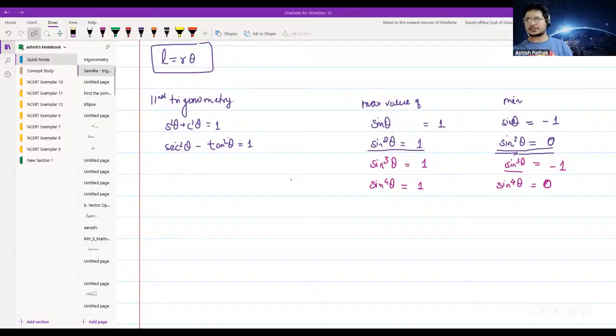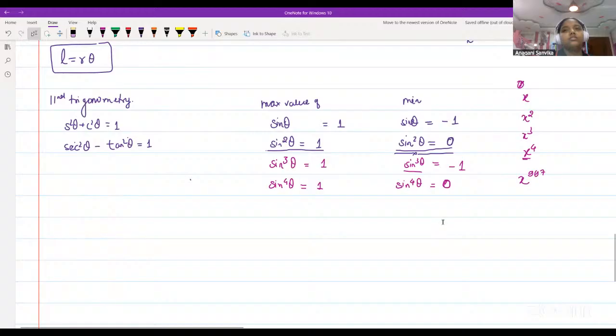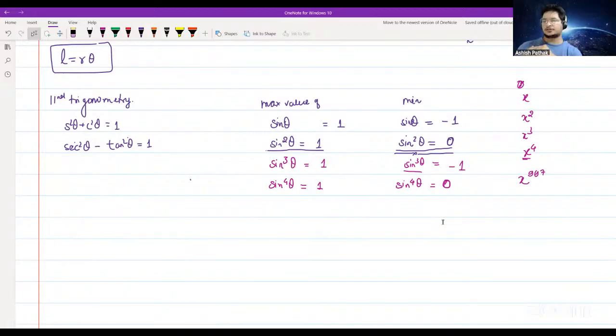In today's class, last class, what did we learn? क्या क्या पढ़ा था? We have learned about the maximum and minimum value of sine theta, cos theta, sine square theta, cos square theta, sine cube theta, sine cube theta का minimum value, फिर sine to the power 4 theta उसका minimum value, right?